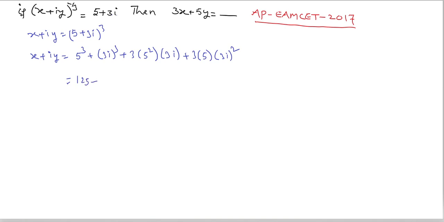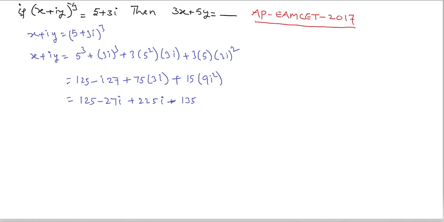Here i cube is -i, so 3 cube is 27, 5 square 25, 25 into 3 is 75, 75 into 3i plus 3 into 5 is 15, 15 into 9 i square. Here i square is minus 1, that is equal to 125 - 27i, 75 into 3, 225i, 15 into 9, that is 135.